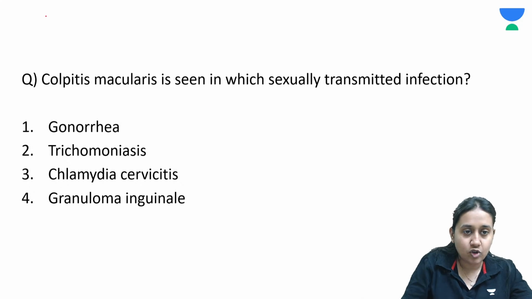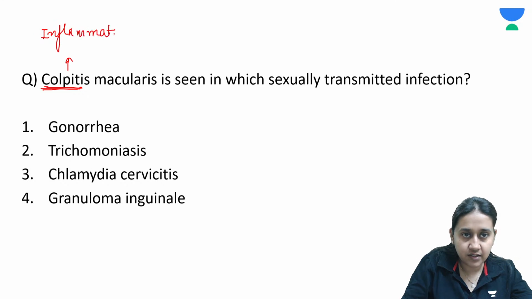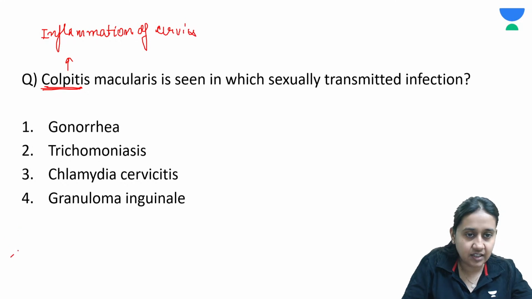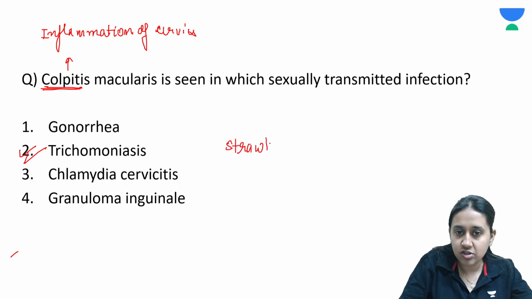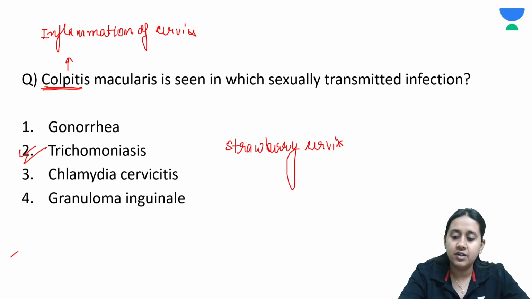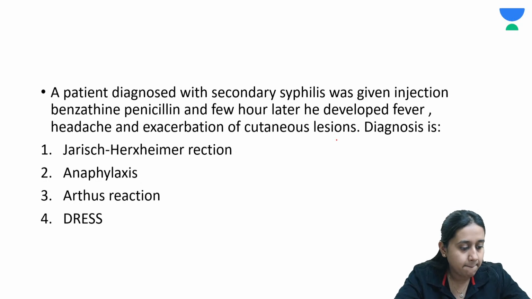Remember that colpitis macularis, what is colpitis? It means inflammation of cervix which presents with red macules, and it is nothing but another name for strawberry cervix seen in the patients of trichomoniasis.